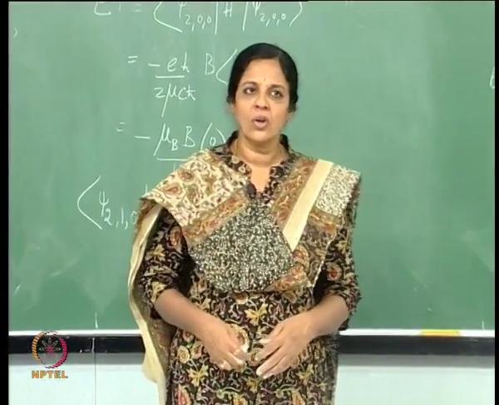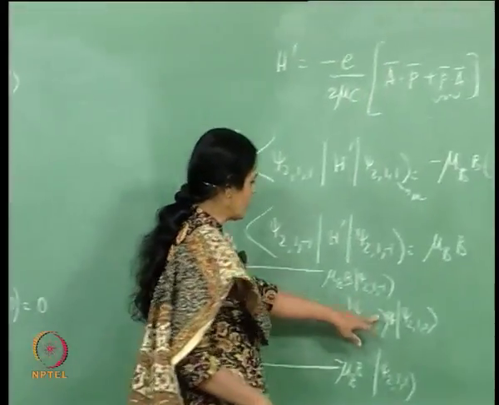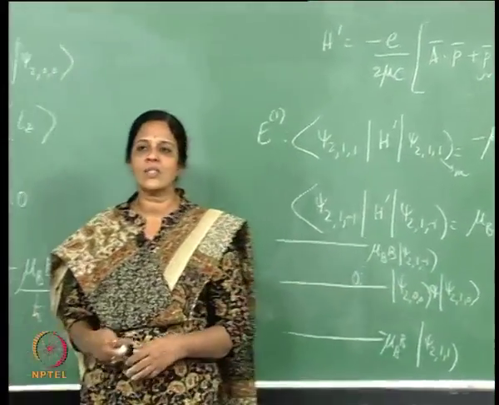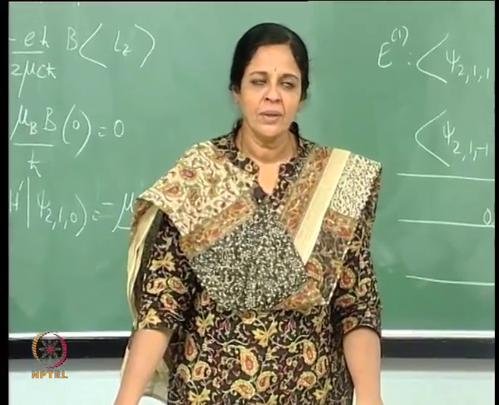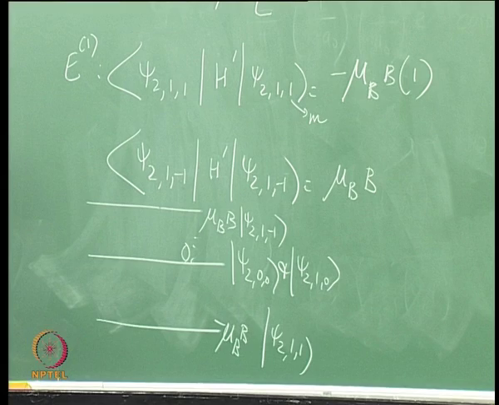You have to go to higher orders to lift the degeneracy between psi 2 0 0 and psi 2 1 0. So these are two examples of degenerate perturbation theory. Essentially, in the first example that I worked out for you, I showed you how superposing states helped, and you could lift the degeneracy at least partially, that is in a subspace, in the first order of perturbation, whereas in the Zeeman effect there was no point doing a superposition.